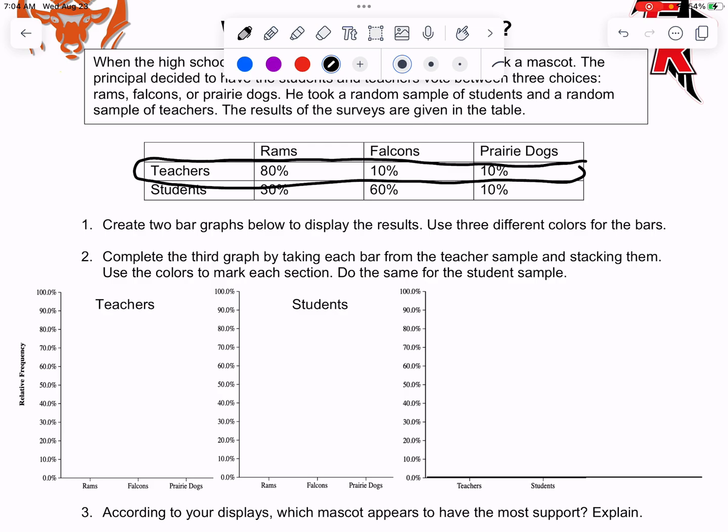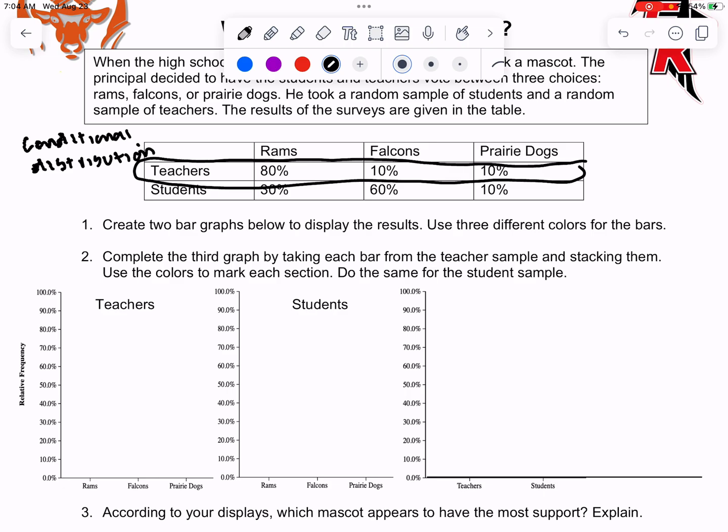So this would be called a conditional distribution. Remember, conditional is when you know a condition. So in this case, we already know we're talking about teachers separately and students. So we're assuming in the first one that they're teachers, and in the second one we're assuming that they're students, instead of looking at both at the same time. So that's why it's a conditional distribution.